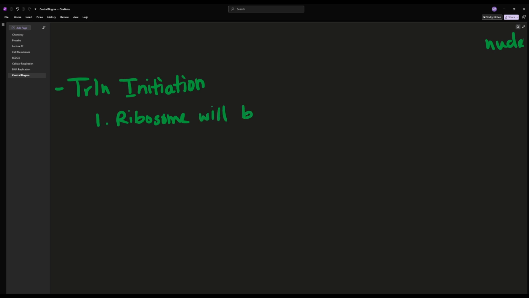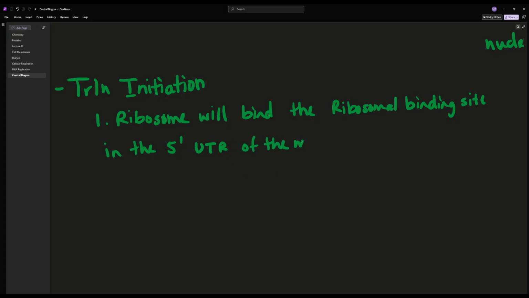Okay, so what's going to happen is the ribosome will bind the ribosomal binding site in the 5' UTR, which stands for untranslated region of the mRNA. Okay.